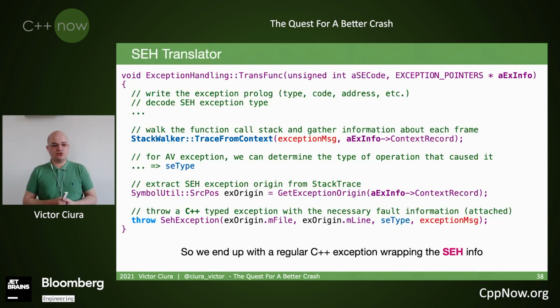And we can choose how to handle this. For example, we may choose to throw a C++ exception that wraps up all this information that we decoded from these ugly structures from the Windows SDK or CRT. We can package all this nicely in a friendly message that has all the information as text, and maybe throw it as a C++ exception to handle it somewhere else, or we can log it, send it, archive it, or whatever.